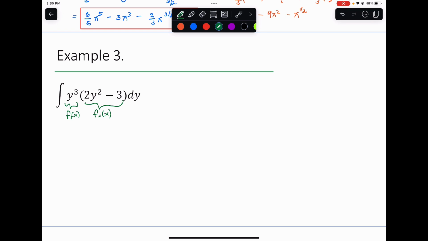Sorry, that's not f of x, that should be f of y. So f1 of y and f2 of y. So we cannot just simply distribute the integral sign there.